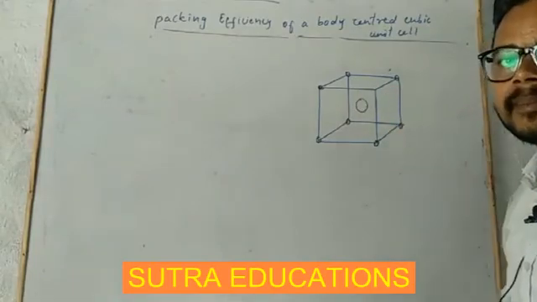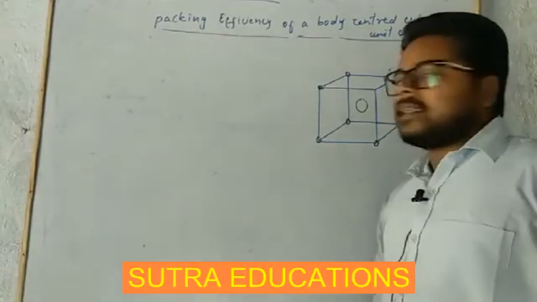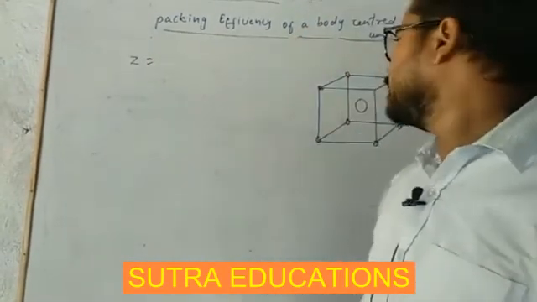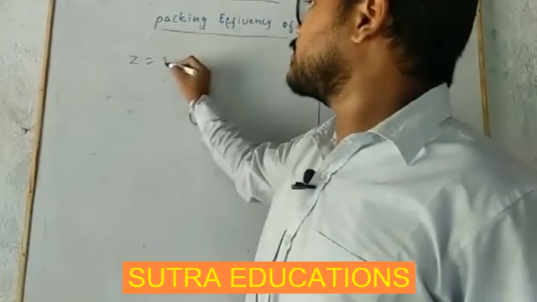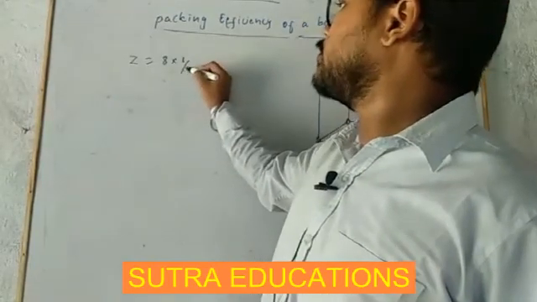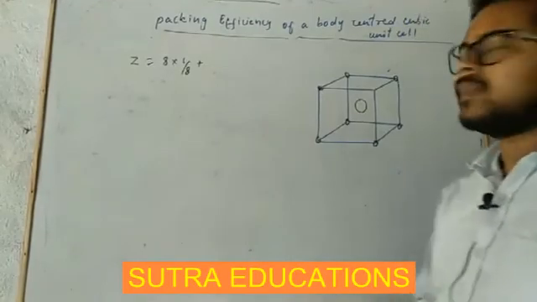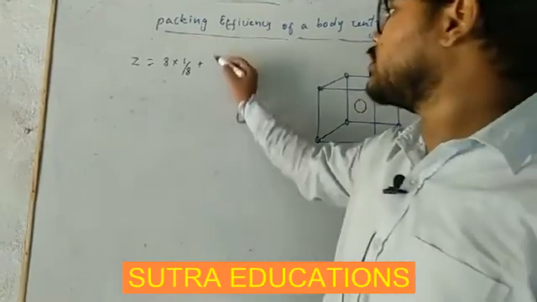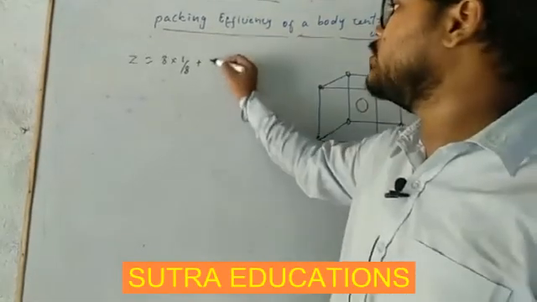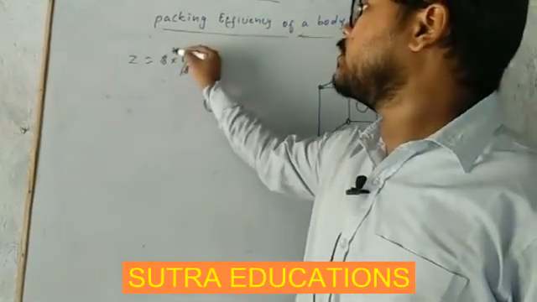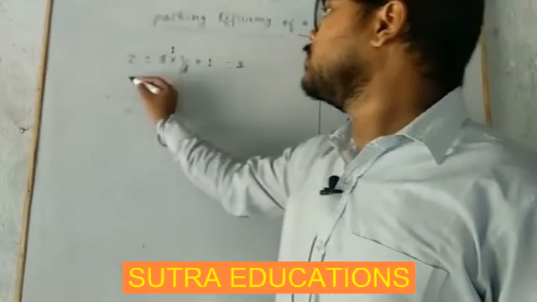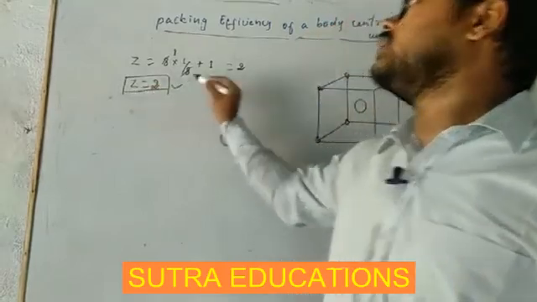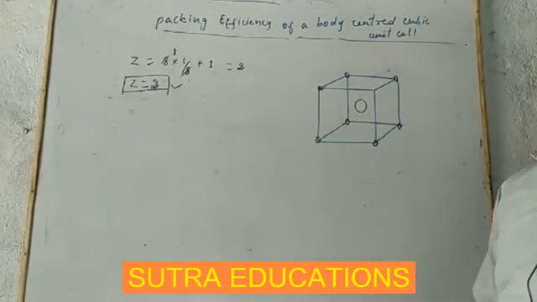Got it? So in this case, effective atomic number Z will be equal to 8 atoms present on the corner, means 8 into 1 by 8, plus 1 atom present at the body, and I have told you the contribution of the atom present at the body is equal to 1. So it is equal to 2, means Z is equal to 2 in case of body centered unit cell. Got it?